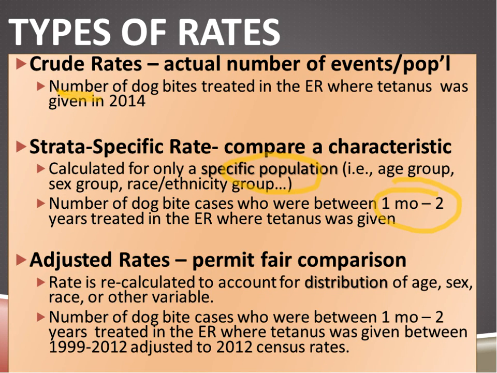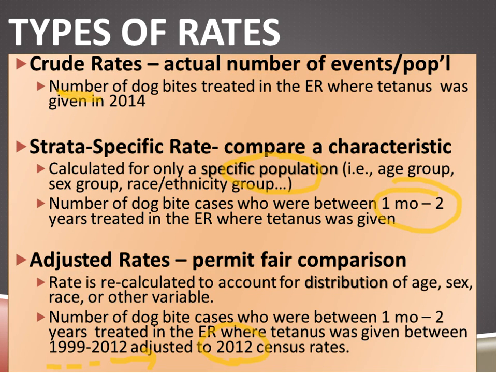So the number of dog bite cases who were between 1 month and 2 years old treated in the ER where tetanus was given between 1999 and 2012, and we adjust it to the 2012 census, meaning that we adjust our denominator number in 1999, 2000, 2001, all the way to 2012.